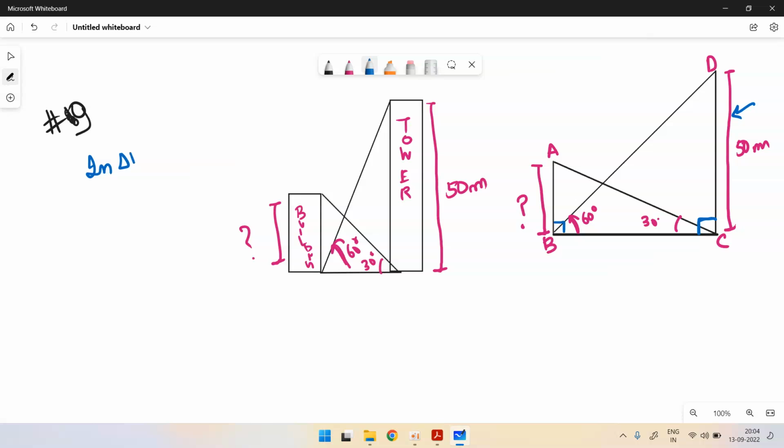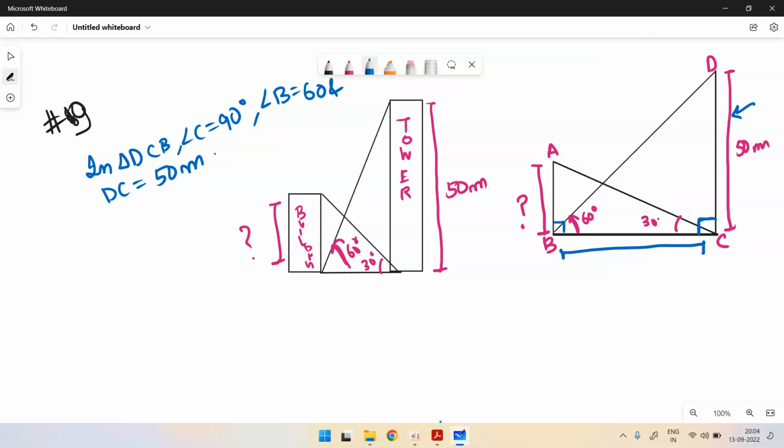In triangle DCB, angle C is 90 degree and angle B is 60 degree, and DC is given to be 50 meters. The common thing in these two triangles ABC and DCB is BC. So this is perpendicular by base with respect to the 60 degree angle, so tan 60 degree can be written as DC by BC.